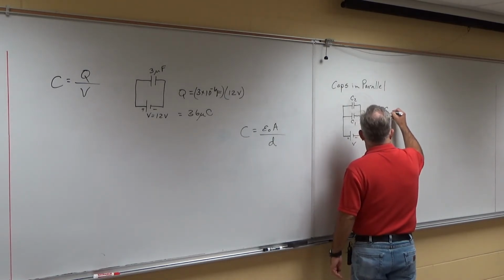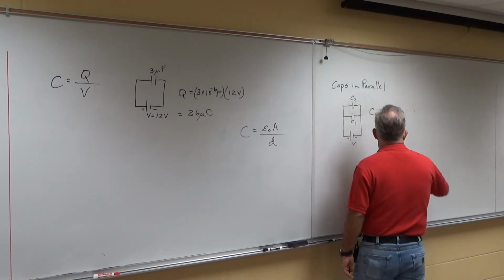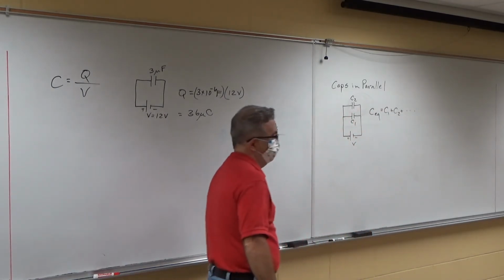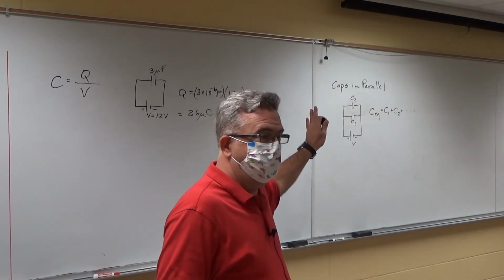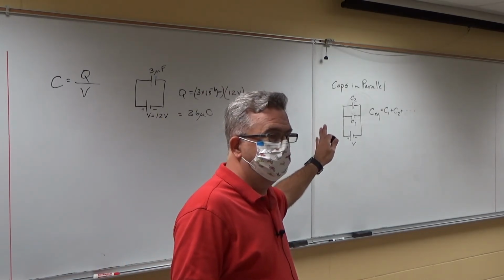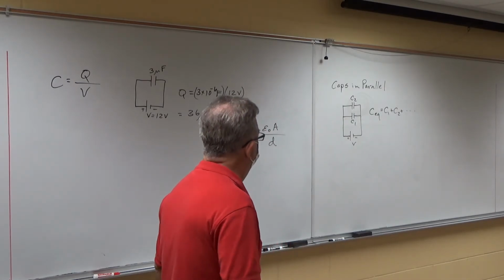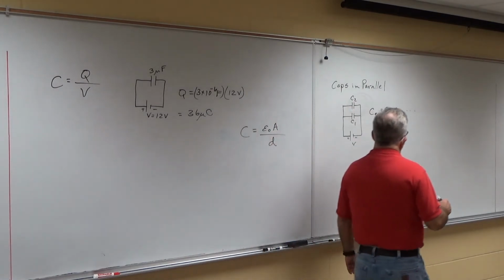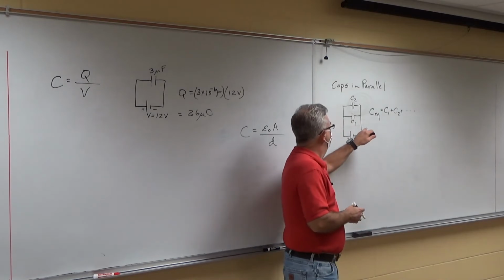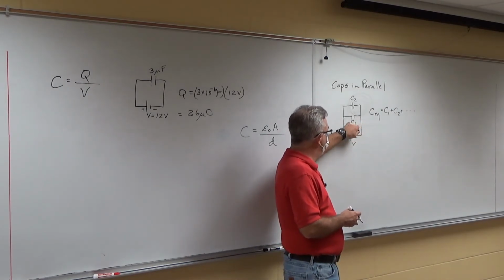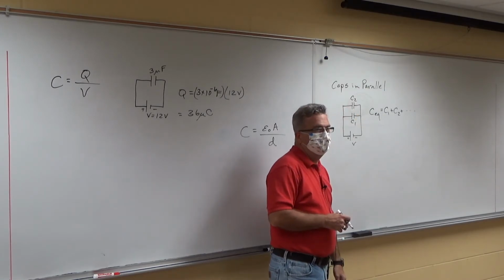C equivalent is equal to C1 plus C2 plus dot, dot, dot. Capacitors in parallel add up like resistors in series. They're opposites. They have equal voltage, and if C1 is larger than C2, it gets more charge than C2.